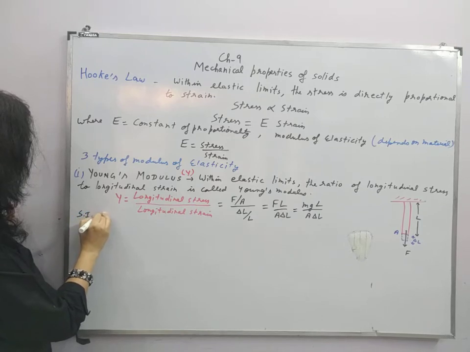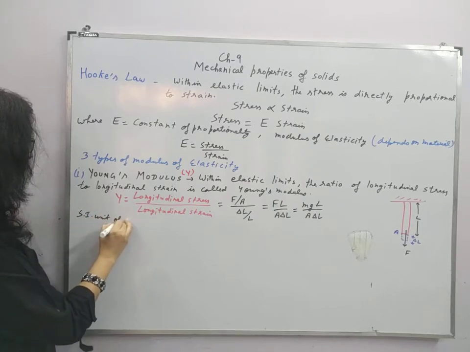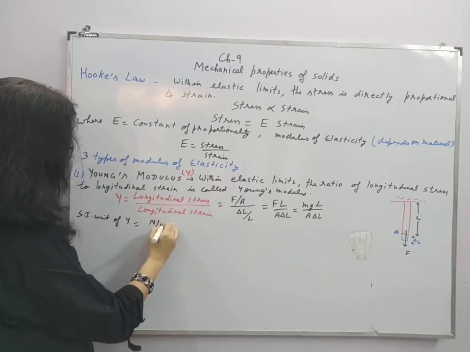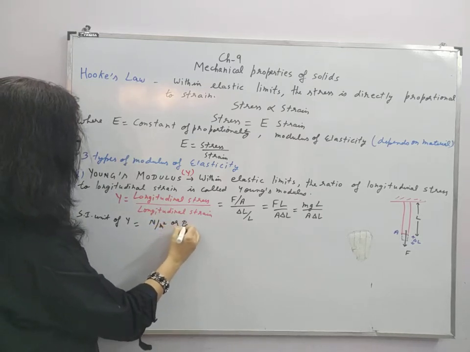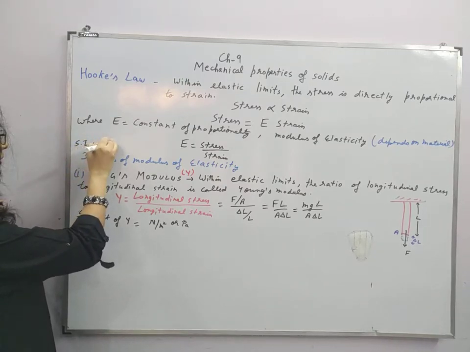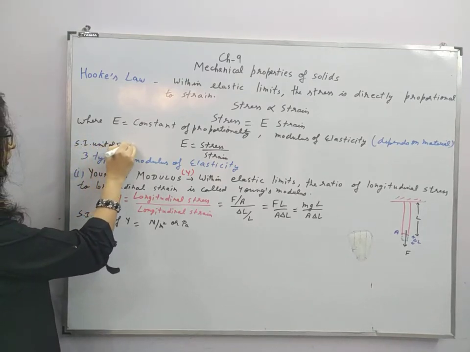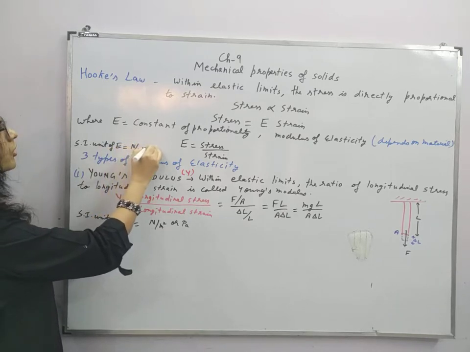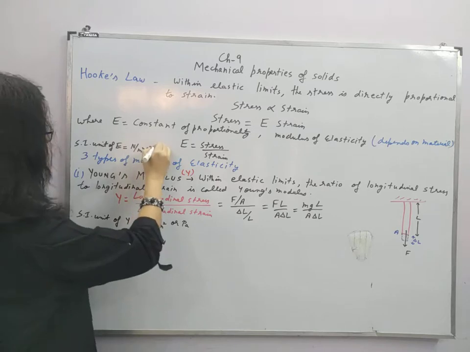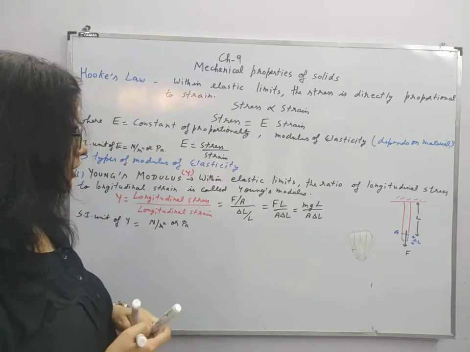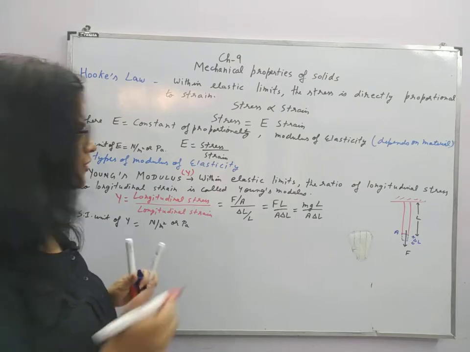SI unit of Y is the same as that of elasticity, Newton per meter square or Pascal. Here also I can mention SI unit of modulus of elasticity is Newton per meter square or Pascal. Why? Because strain has no units.